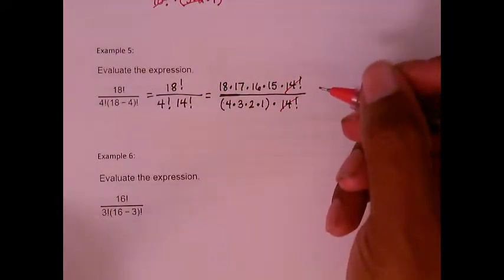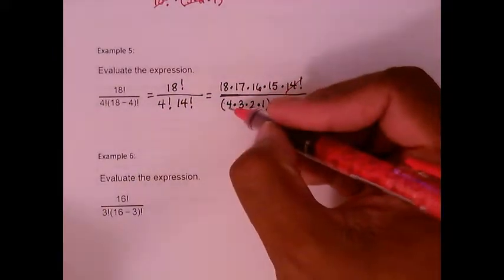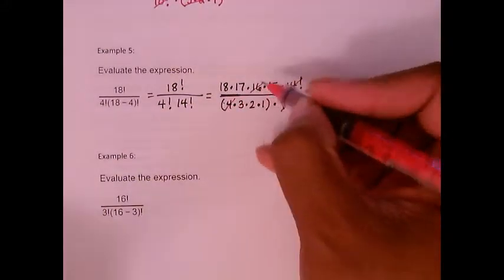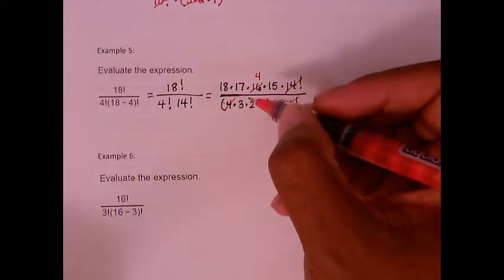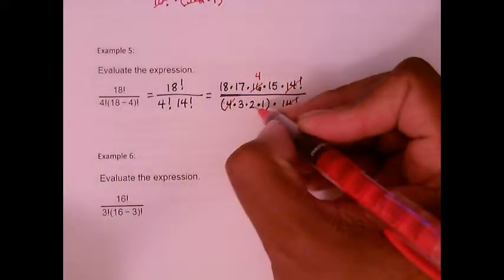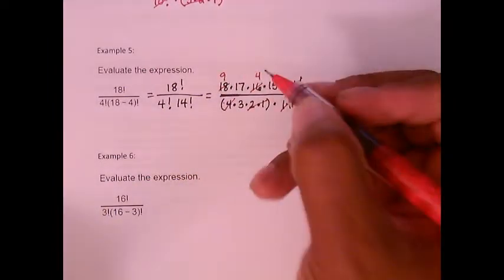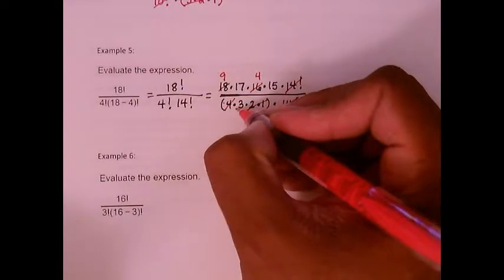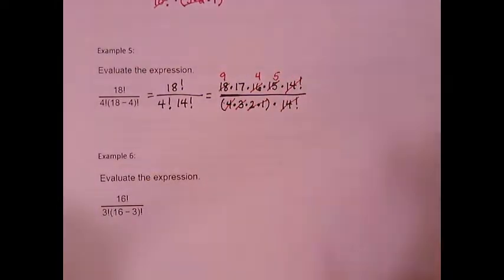Let's see what else I can get rid of here. If I divide this 4 into the 16 in the numerator, it's going to go 4 times. I know 2 times 1 will be 2. If I divide the 2 into that 18, it'll go 9 times. And the 3 in the denominator, if I divide 3 into 15, that's going to go 5 times.